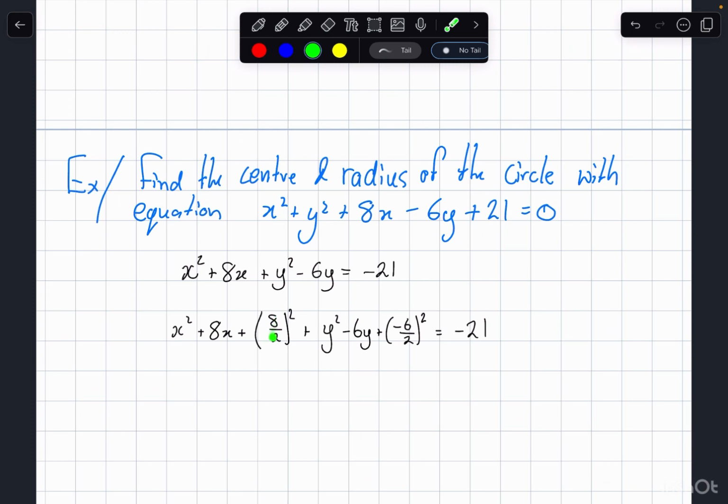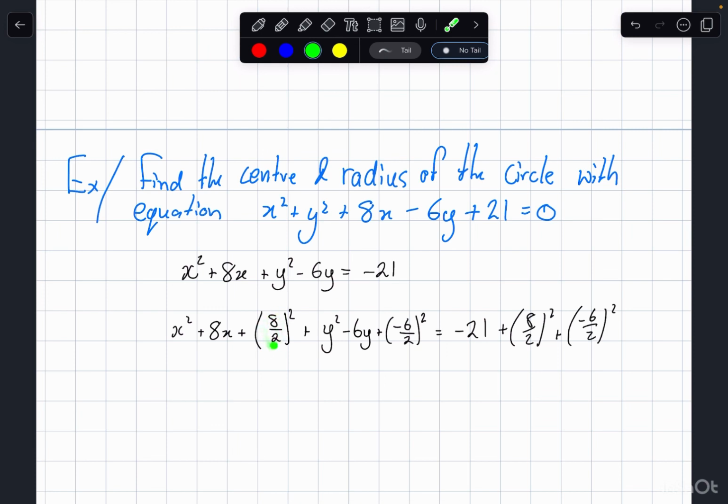But now, because I've added these two terms on this side, we're going to add 8 over 2 squared and negative 6 over 2 squared to this side as well. So plus 8 over 2 squared plus negative 6 over 2 squared. And that balances out my equation. I've done the same thing to both sides.